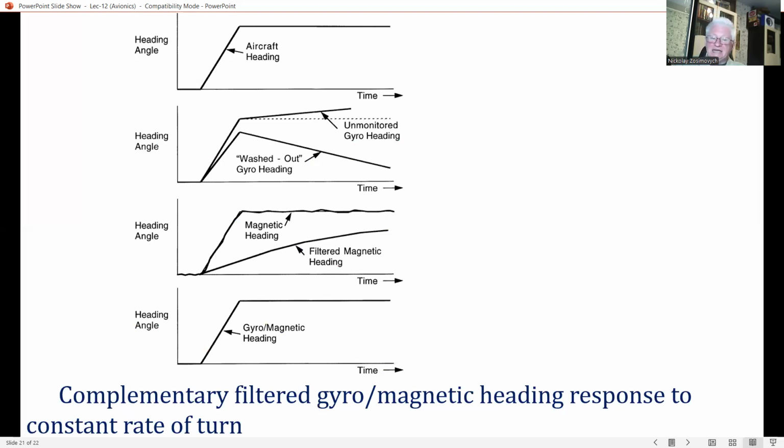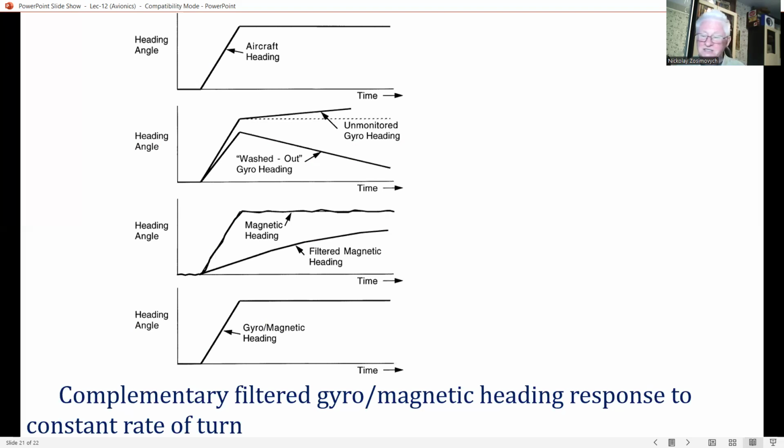The excellent dynamic response of the gyro system is retained, and the gyro bias is DC blocked. There is also no steady-state magnetic heading error due to the gyro bias.